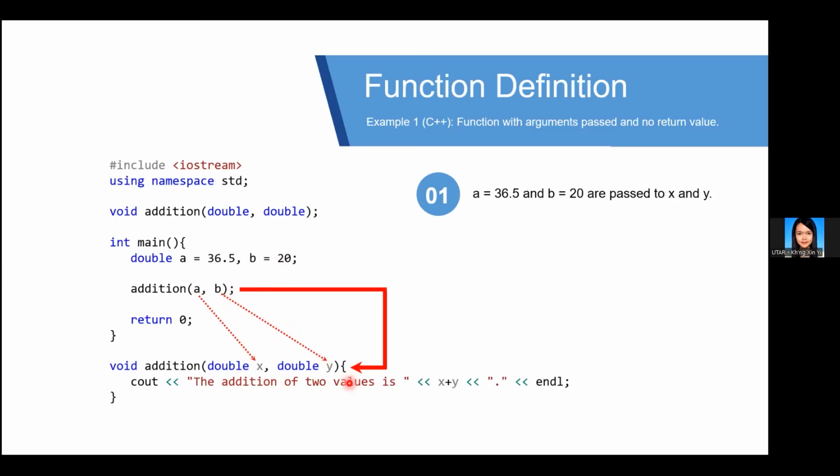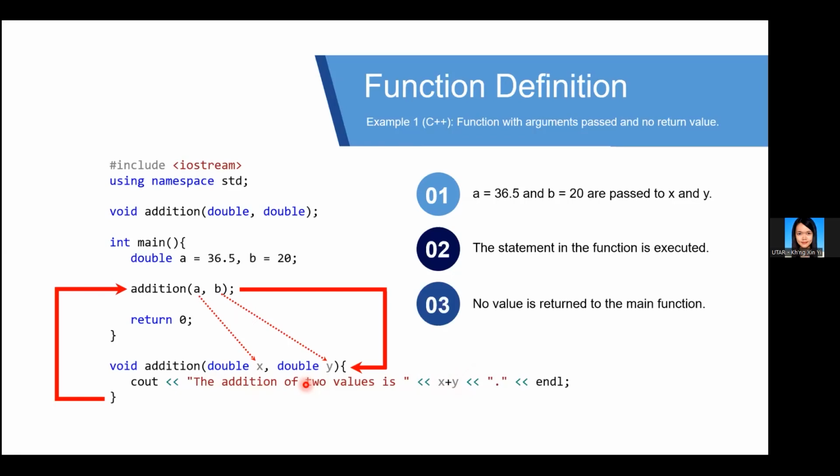Okay, and then after that, it will proceed to execute any statements inside the function. So it's going to find the addition of 2 values. It will find the summation of these 2 values, and it will print out the answer directly. After that, once the function has done its job, it will pass the control back to the main function.